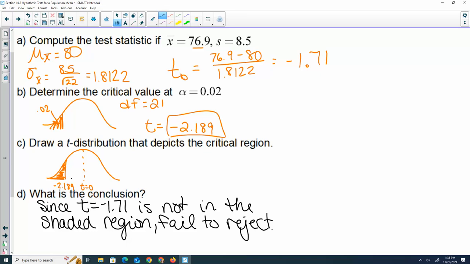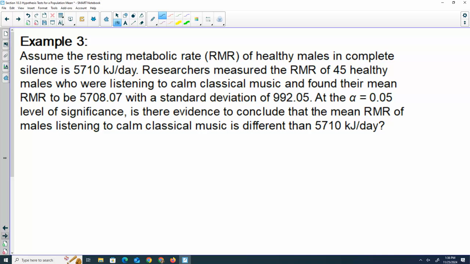All right. Ready to look at another one? Assume the resting metabolic rate, RMR, of healthy males in complete silence is 5,710 kilojoules per day.